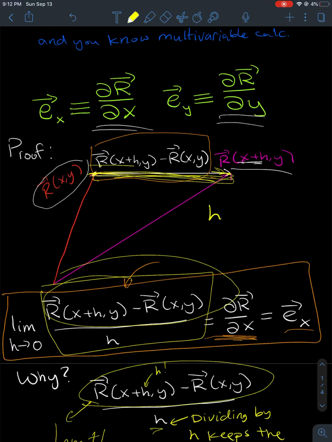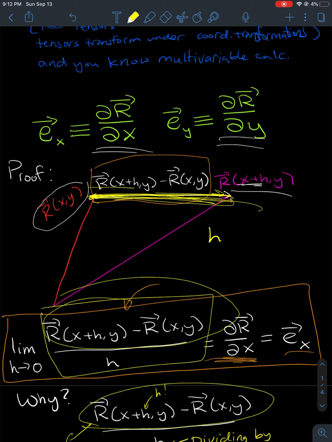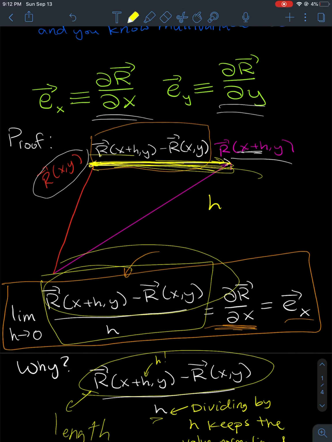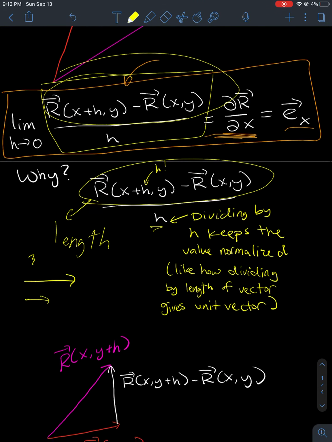So it really makes sense. If h is the distance between these two points, and we're dividing by h, then it's going to be a unit vector. And when we multiply vectors by a fraction, it's going to stay in the same direction, but it's just going to get scaled a bit, except if the fraction is negative.